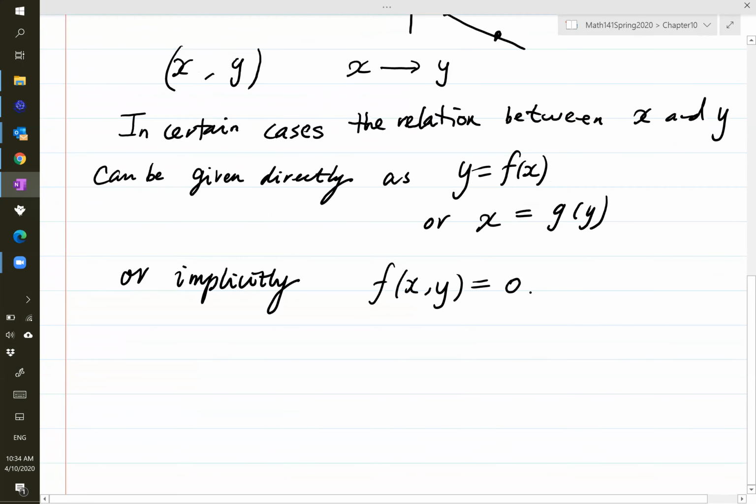So to give a curve, we need to give a relation between x and y. Sometimes we have an explicit function, y equals f(x) or x equals g(y), or sometimes an implicit one. In implicit differentiation, we have an equation between x and y.